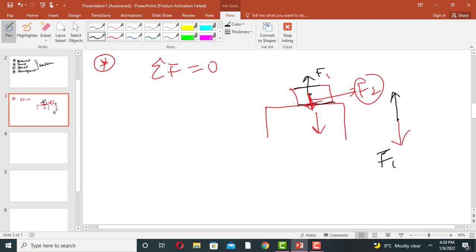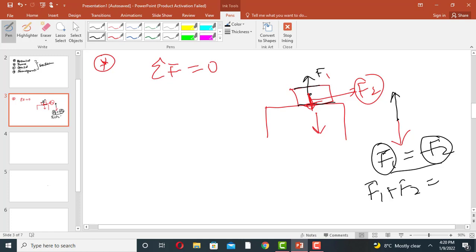So F1 is equal to minus F2 in this case, and F1 and F2 are the same in magnitude. So F1 plus F2 will be equal to 0, or the sum of forces acting on this body will be equal to 0. Similarly, consider another body.